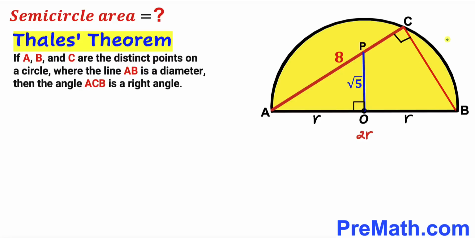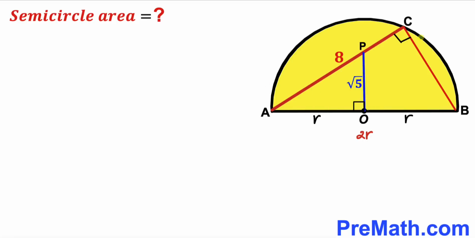And here we can see in this given problem, A, B and C are our 3 points on the semicircle, and this AB is the diameter. Then no wonder this angle ACB is going to be a 90-degree angle, and as a result we got this right triangle ACB.